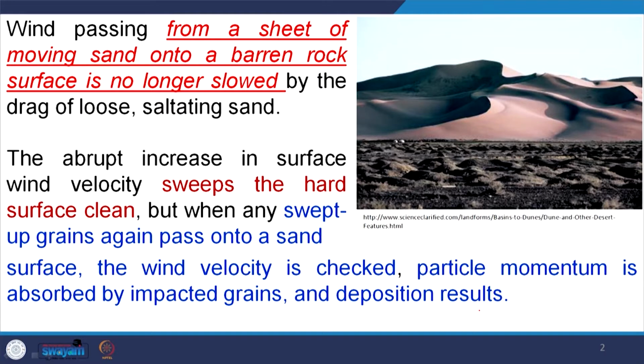If the reverse is true, that is, the wind is blowing from the sand sheet to a barren rock surface, its velocity increases. The abrupt increase in surface wind velocity sweeps the hard surface clear and clean, but when any sweep of sand grains passes onto the sand surface, the wind velocity is checked, particle movement is absorbed by the imparted grains, and deposition results.